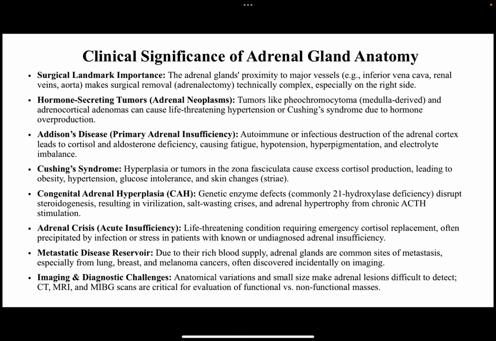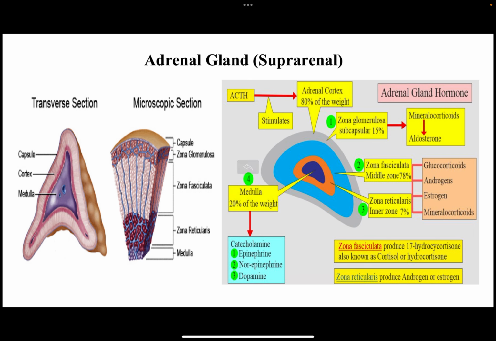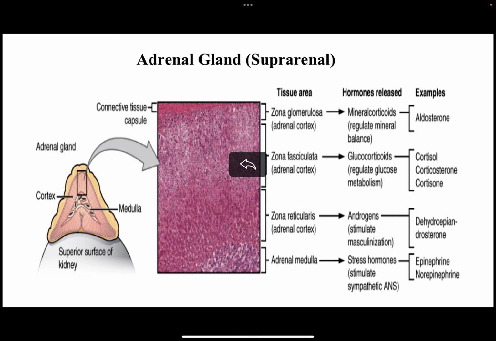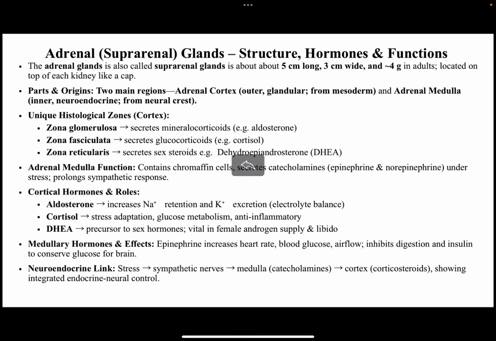But in Addison's disease, there is going to be hyponatremia and then hyperkalemia. And you appreciate why you have to pay attention to these electrolyte levels in the body. So basically, this is the significance of understanding the adrenal gland anatomy.